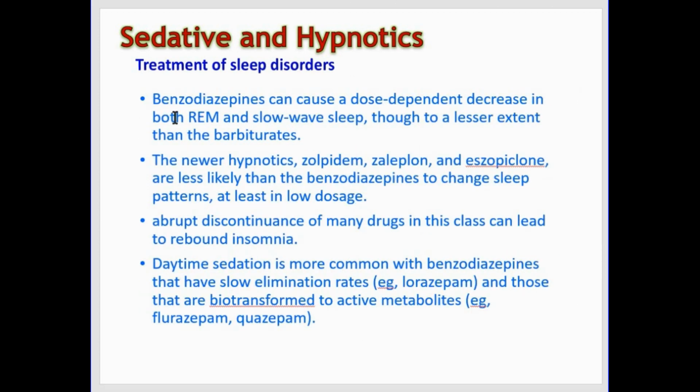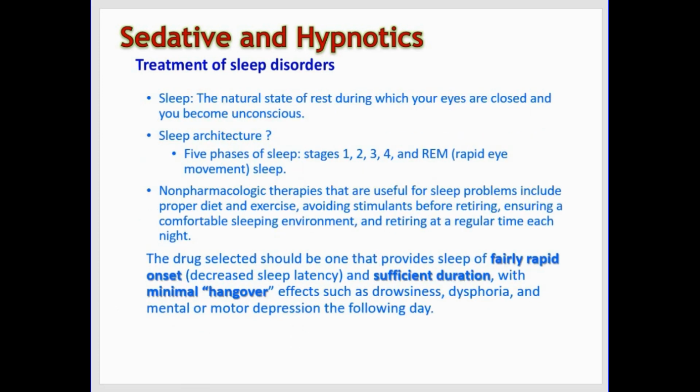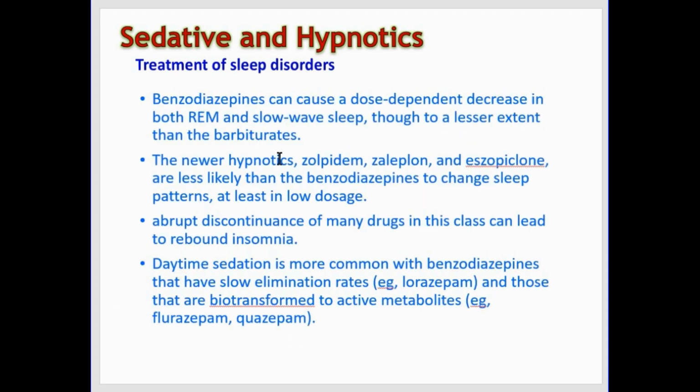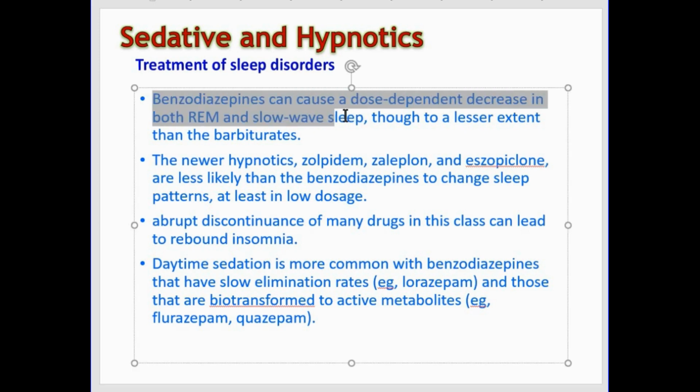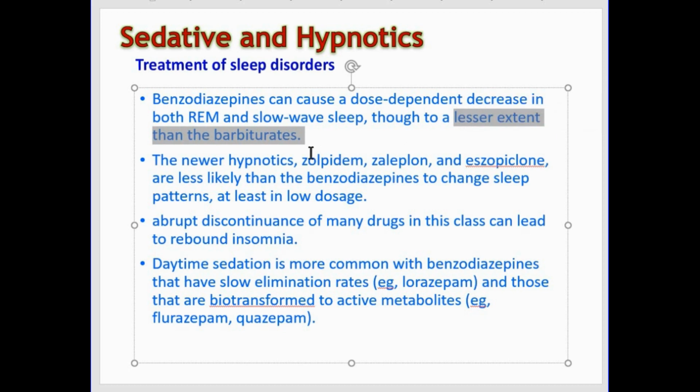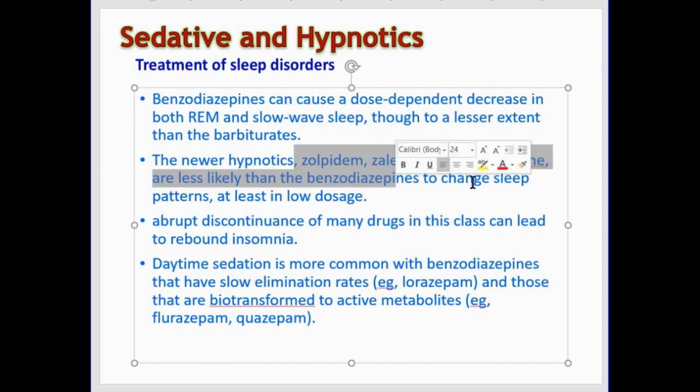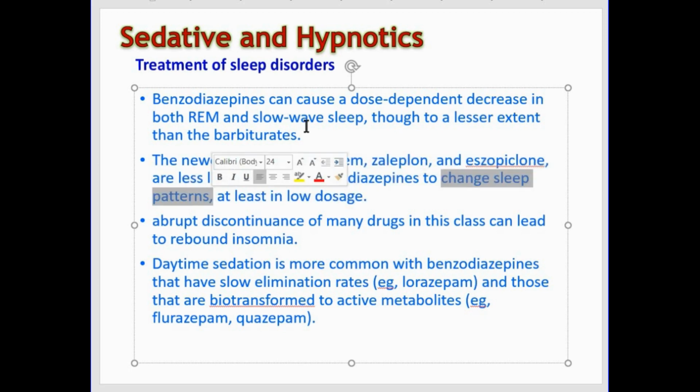Based on what we just learned, let's see which drug can fulfill these criteria. As I told you, benzodiazepines cause a dose-dependent decrease in both REM and slow wave sleep. So they will put you to sleep, but they actually change sleep architecture, although to a lesser extent than barbiturates. Whereas the newer hypnotics like Z drugs don't change sleep patterns, but they are still as good as benzodiazepines.